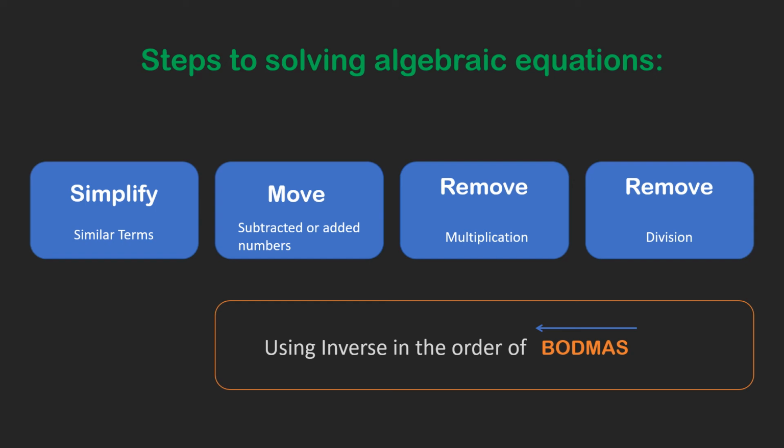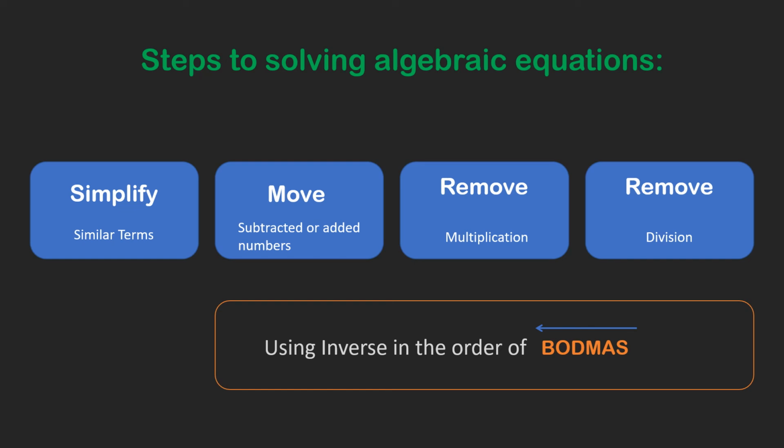Now let's summarize the steps to solving algebraic equations. Remember that the first step is to simplify by adding or subtracting similar terms. The second step is to move subtracted or added numbers to one side, which is the other side of the missing information. The third and the fourth steps can only be applied if there is only one missing information in the equation. To remove multiplication or remove division, you need to apply inverse, and inverse must be applied to both sides of the equation.